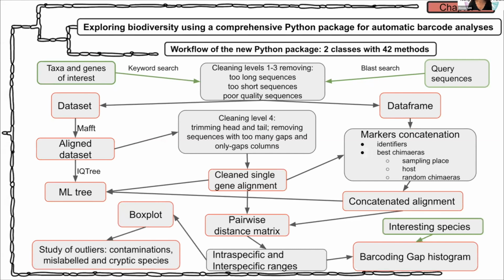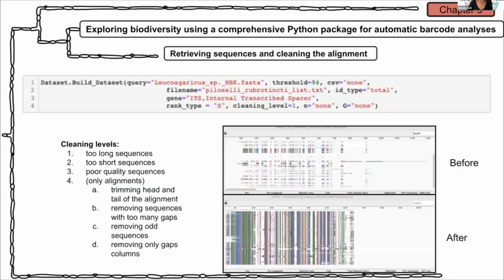It can also do a barcoding gap analysis, first doing a pairwise distance matrix and then giving you a barcoding gap histogram and a box plot of your data. So this is an example in the upper part of a call of the build dataset method, while in the lower part of the screen you can see before and after the automatic cleaning of the alignment.